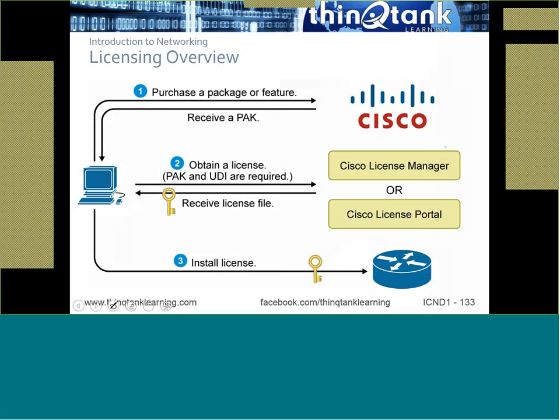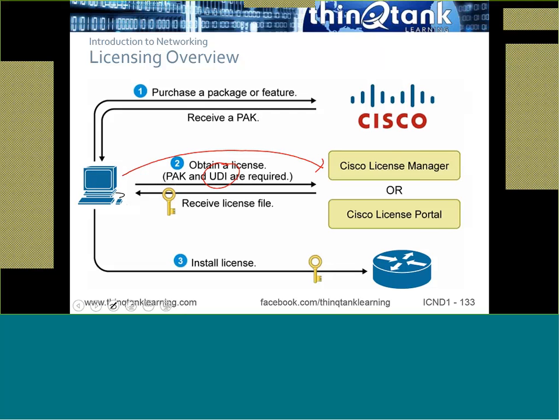But in the newer platforms, you're required to purchase licenses to run certain features like voice or security or other types of features. So how does that work? Well, first thing, you purchase the license from Cisco. They send you an email with something called a product activation key. You go out to Cisco.com, you use the UDI, the unique device identifier, which is generally the serial number.